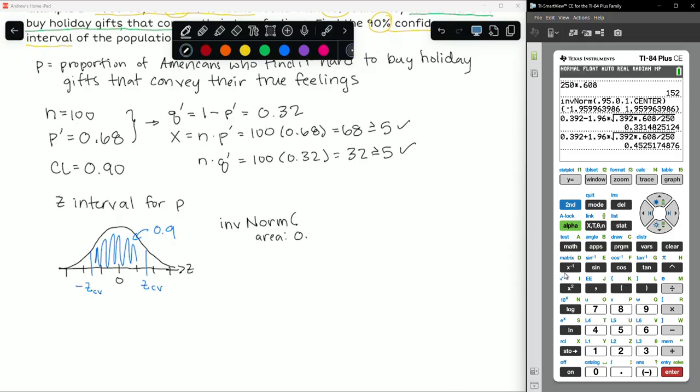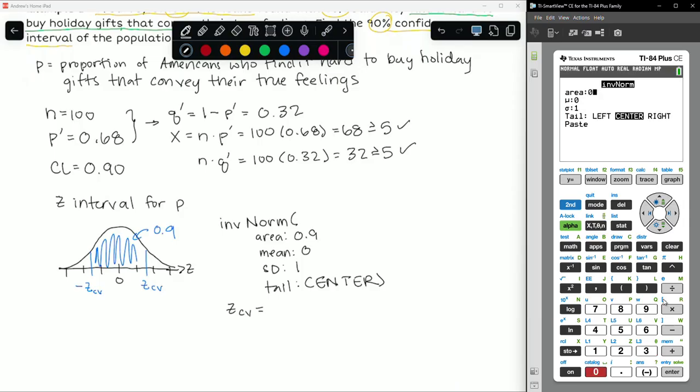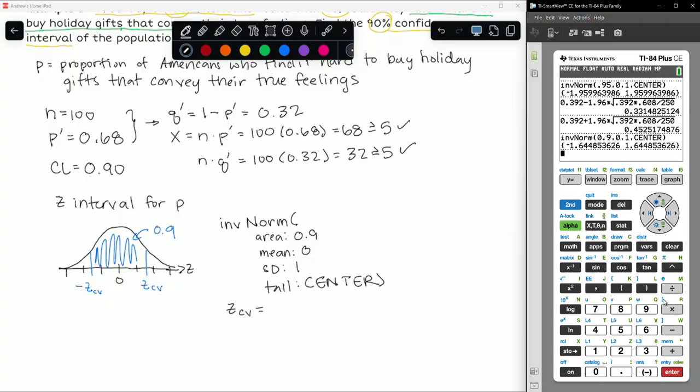Our area is 0.9. Because it's standard normal, mean is 0, standard deviation is 1, and we're going to use our tail as center. Our area is symmetric and in the center. And we get 1.645. This is that special case that we typically round to 3 decimal places instead of 2 for a z.